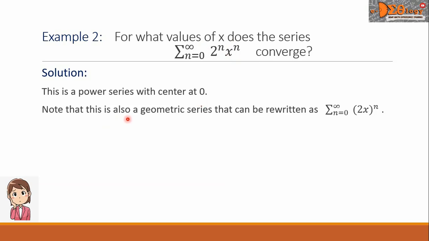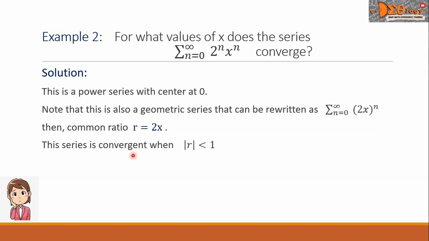Note that this is also a geometric series that can be rewritten as summation from n equals 0 up to infinity of the quantity 2x that is raised to power n. Then, we can collect the common ratio r that is equal to 2x.